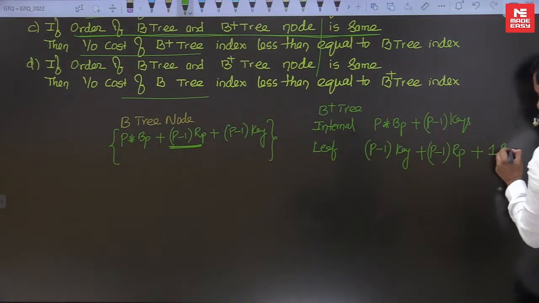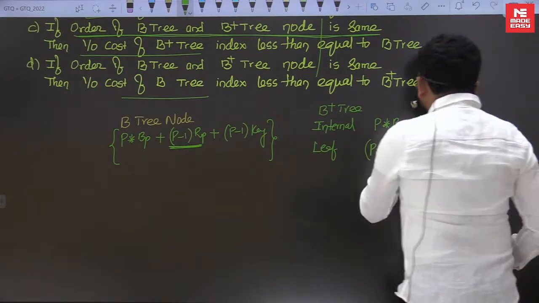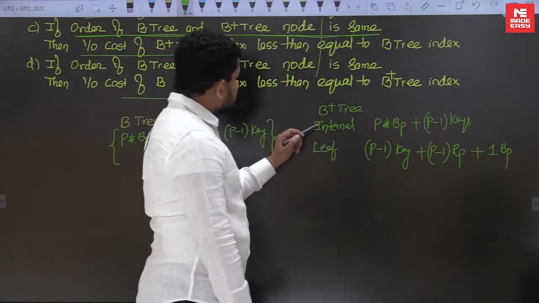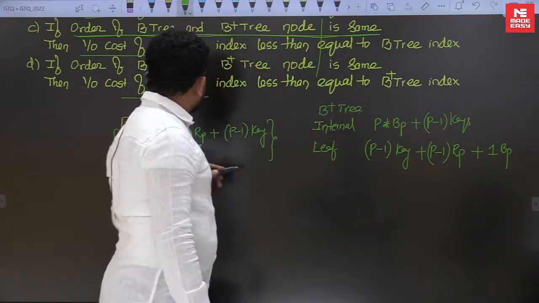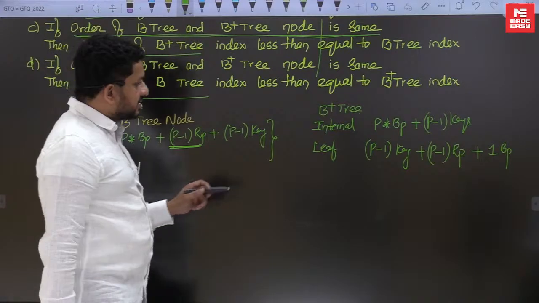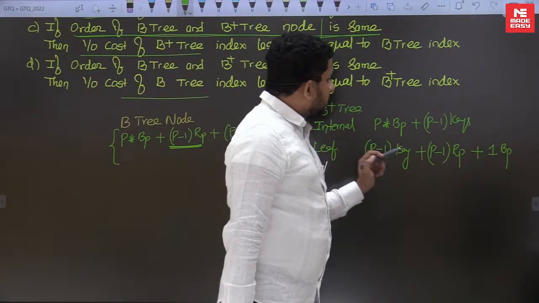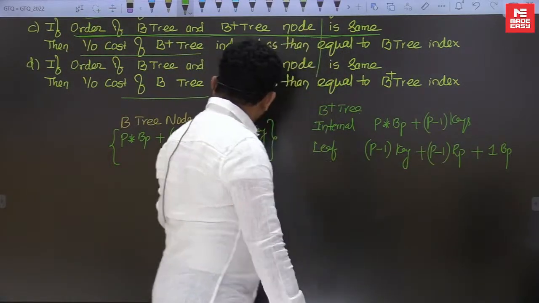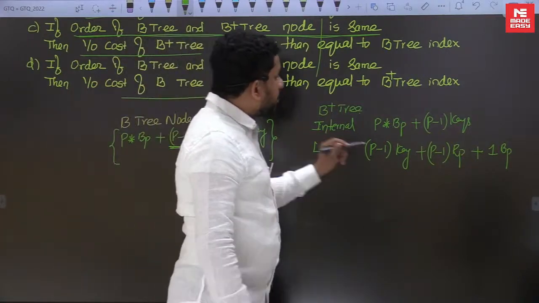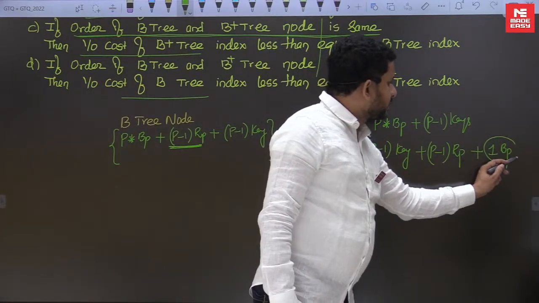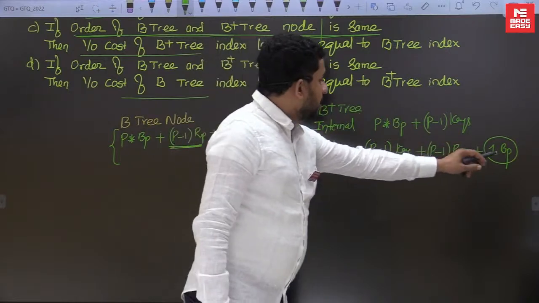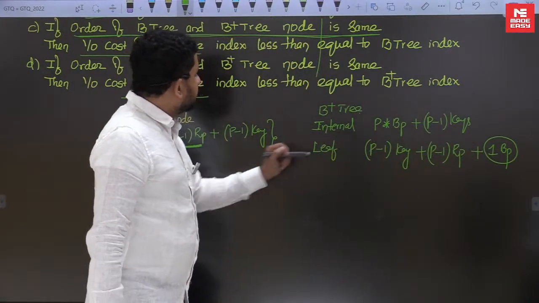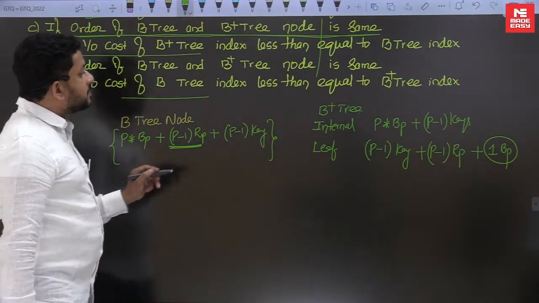So for the internal node, because there are no record pointers, the order of the B plus tree internal node is much more than the B tree internal node. And for the leaf node also, instead of P block pointers, here only one block pointer is there. Because of fewer block pointers, the order value of the leaf node is also more than the B tree node.